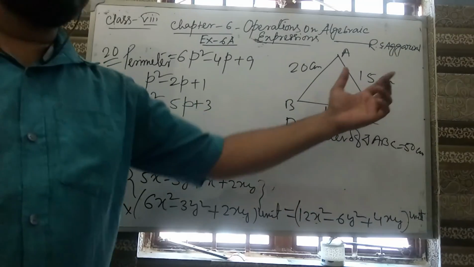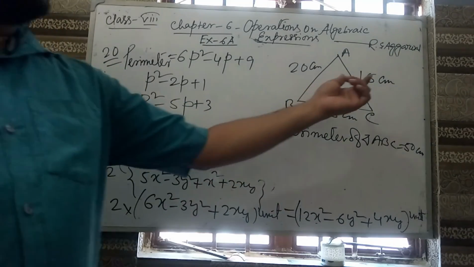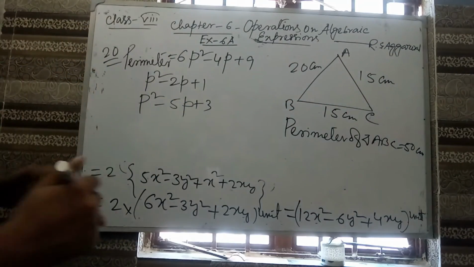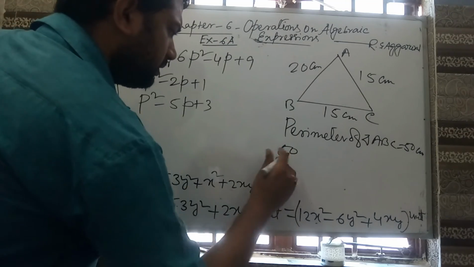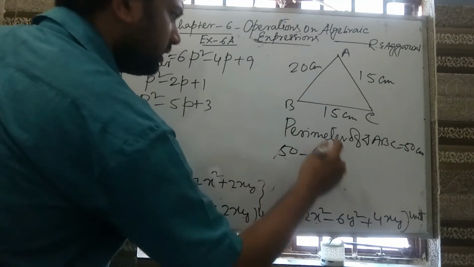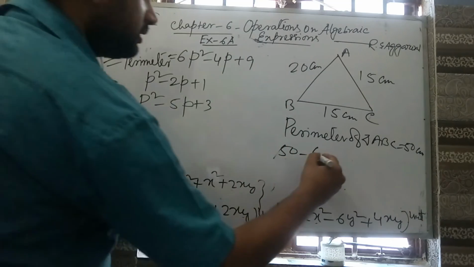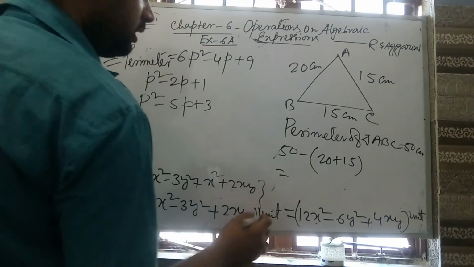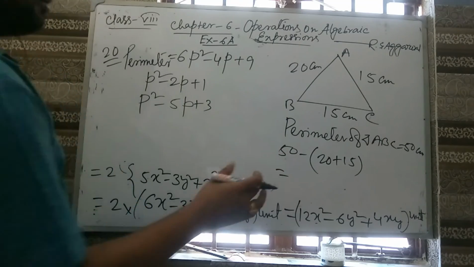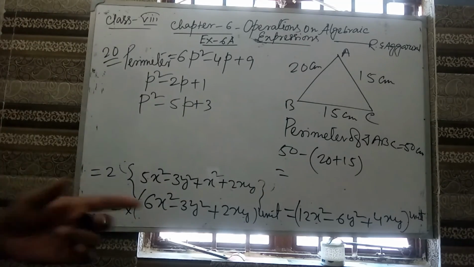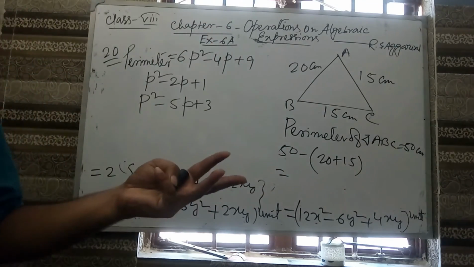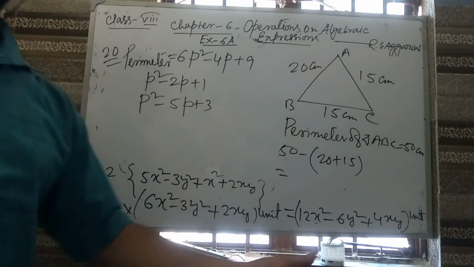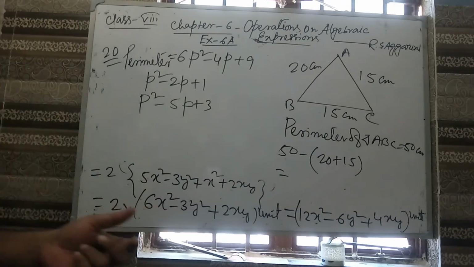How did you find that 15? Perimeter 50 minus the sum of the known two sides, 20 plus 15. Perimeter is the sum of the three sides, so if we subtract the sum of two sides, we easily get the third side.